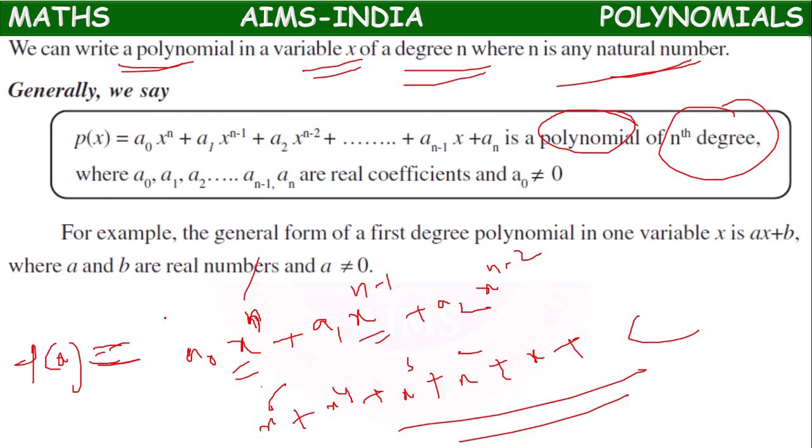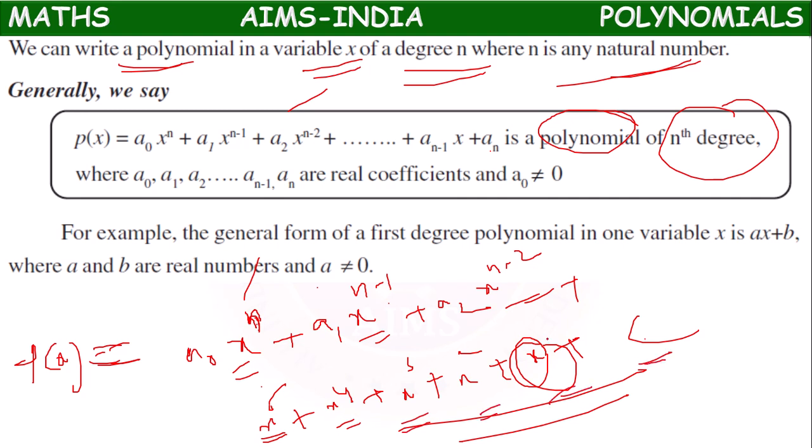Next variable, 1 less than n, n minus 1. 1 less than n minus 1, n minus 2. Like that we can write. And before the constant term, we get the x term. If it is a fifth degree polynomial, it will have the fifth term: 1, 2, 3, 4, 5.